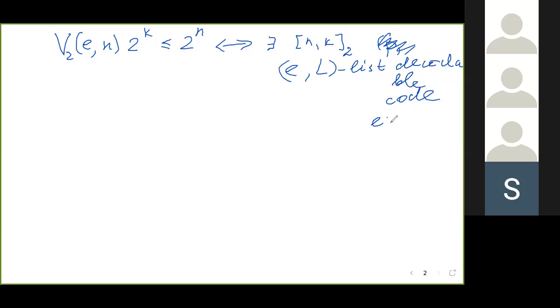More specifically, for the necessary condition, we need to multiply this by L. For the sufficient condition, we don't multiply the right-hand side by L, but in the left-hand side, we put order log n in place of L. So, roughly speaking, a list decodable code exists for a small L.